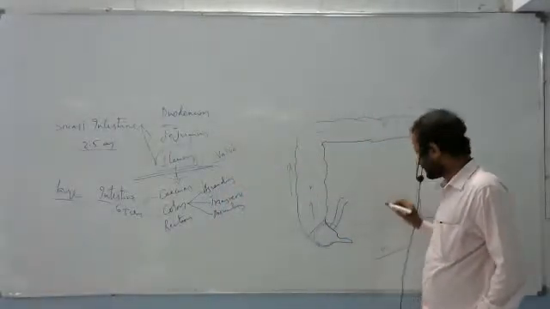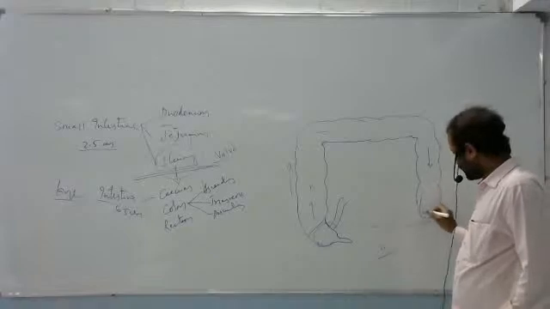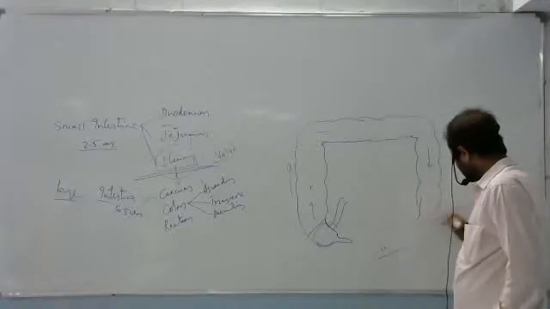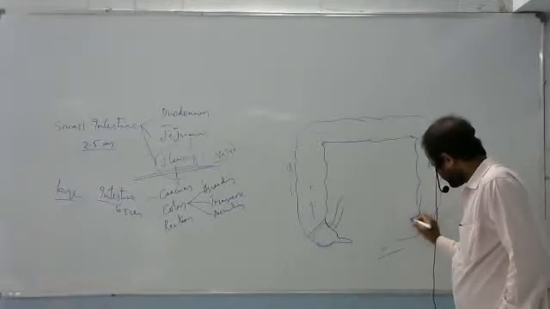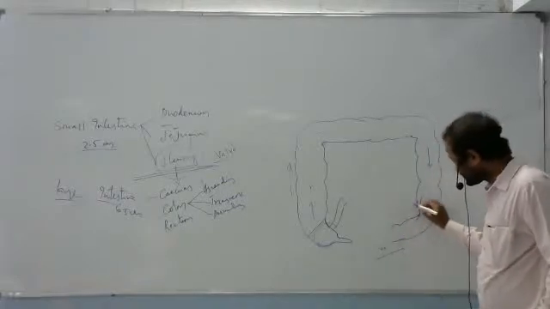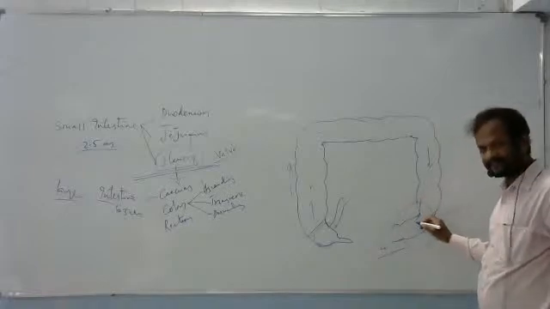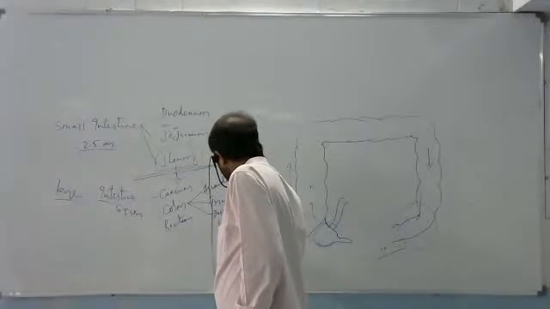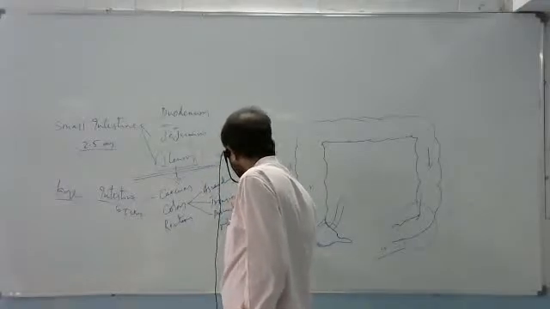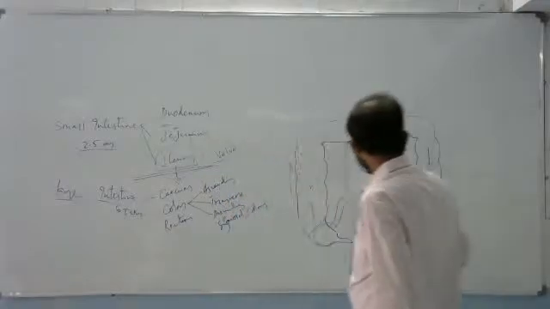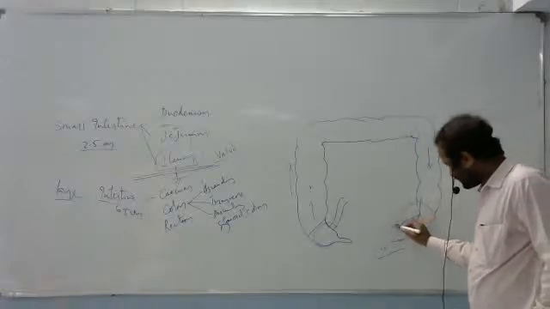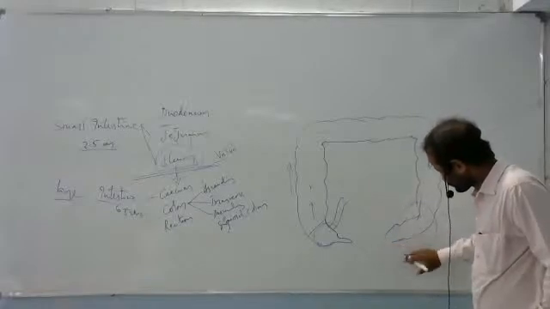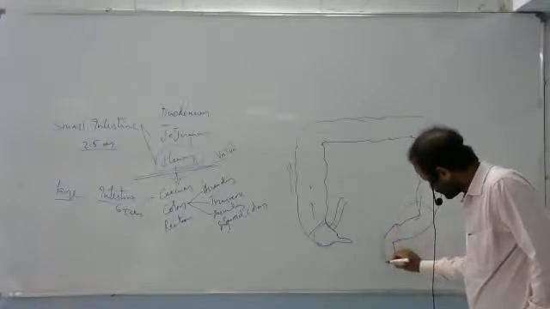The descending colon will turn again towards the right, like this. This area is called the sigmoid colon. And this will start moving down like this.